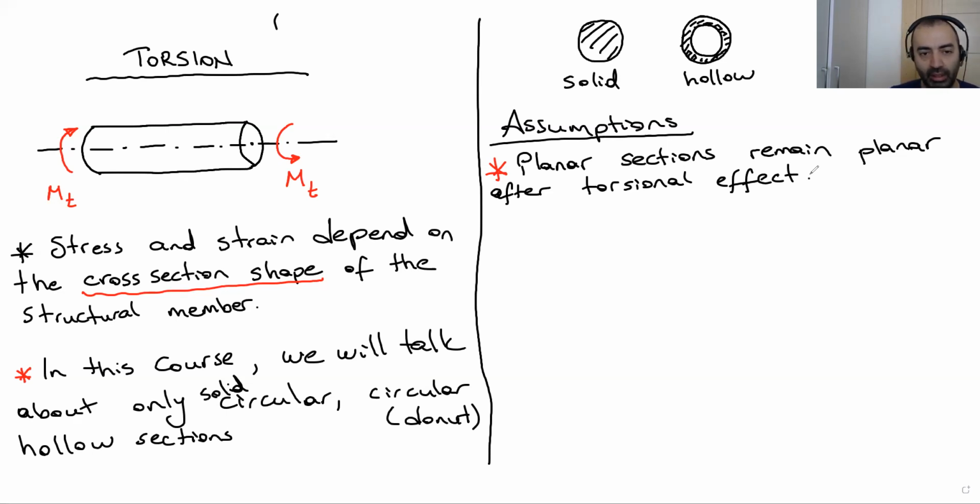Why is this important? If we make this assumption, we assume that the stress distribution will be linear on the section. So if it's linear, we can make our calculations easily. We are gonna use similar triangles to calculate the stress wherever we want. If we don't accept this assumption, the stress distribution will not be linear.